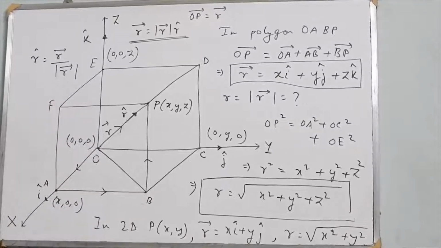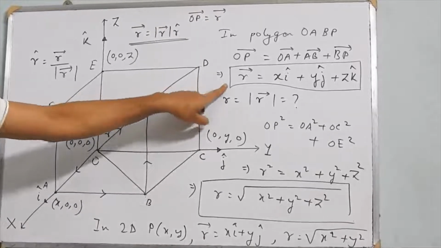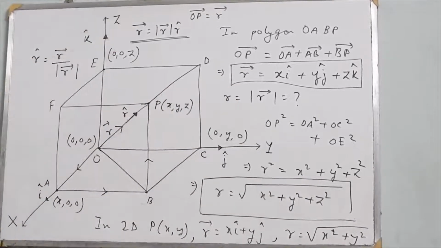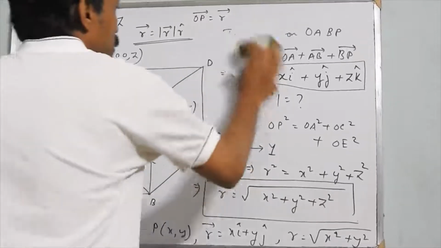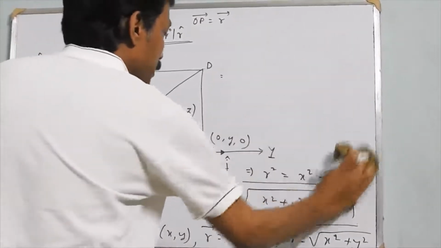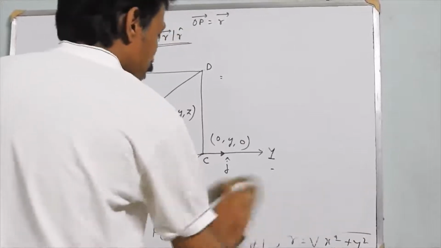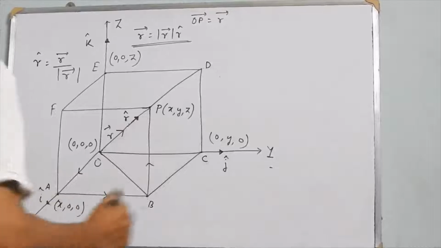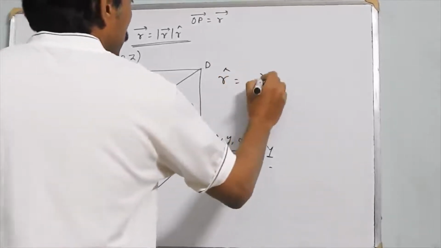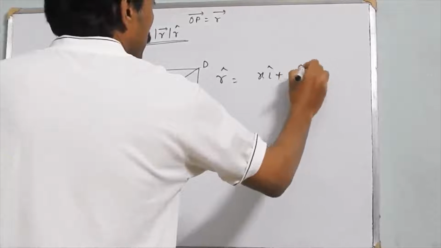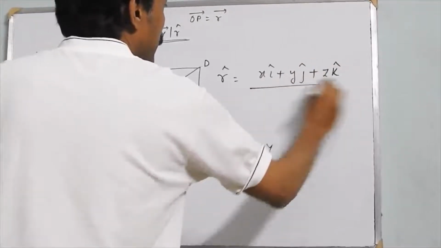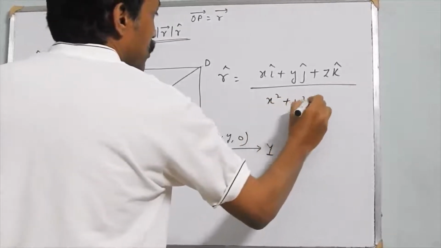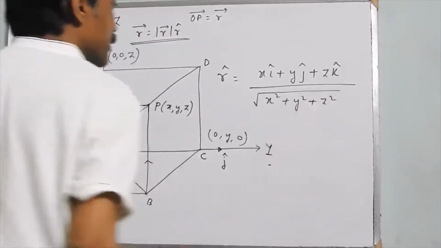And so from here, replacing r vector and its modulus as this one, we can find the unit vector along the position vector. So the unit vector along the position vector will be simply r hat, which is x i hat plus y j hat plus z k hat divided by its modulus, that is square root of x square plus y square plus z square.